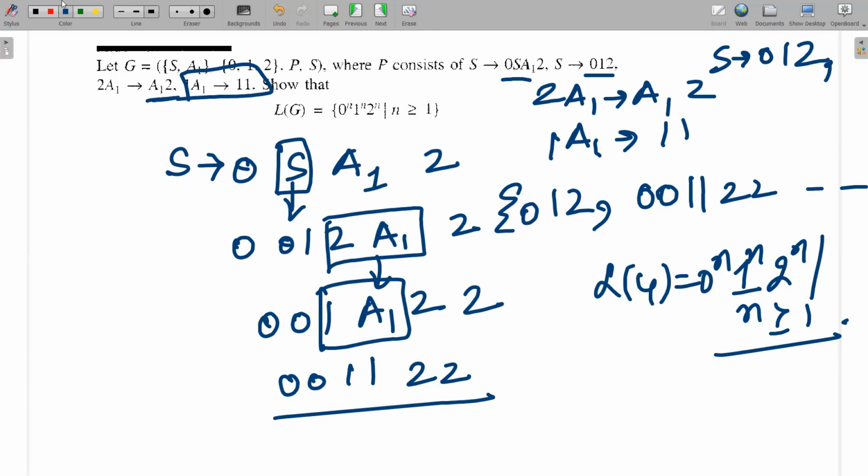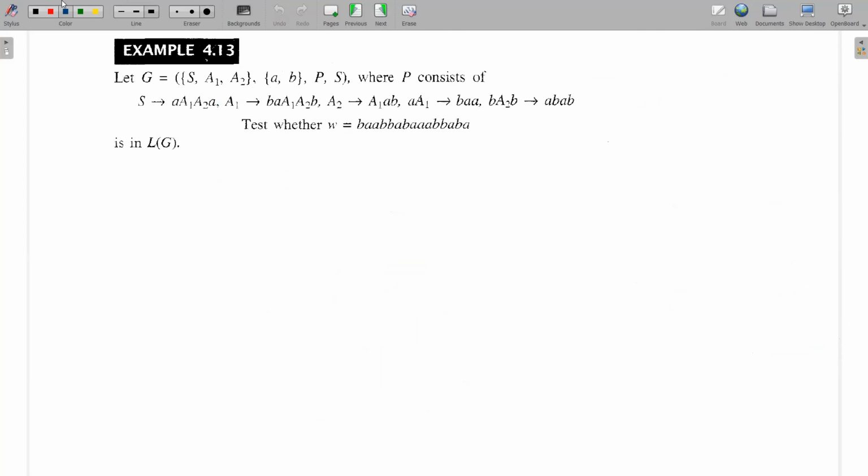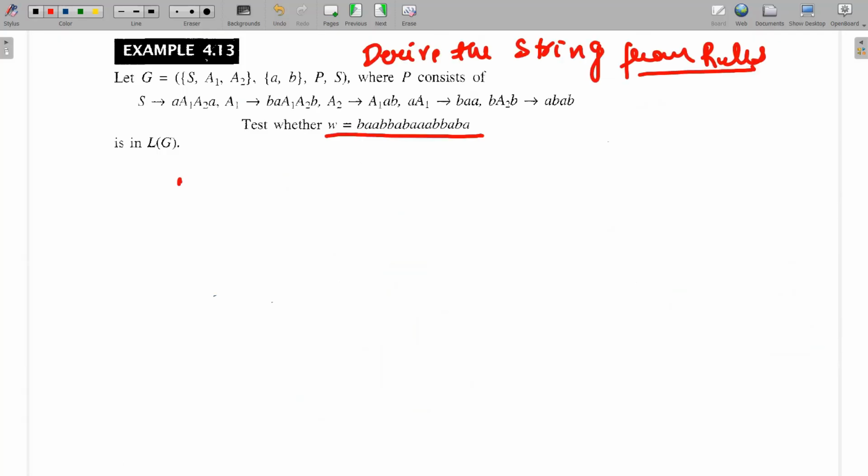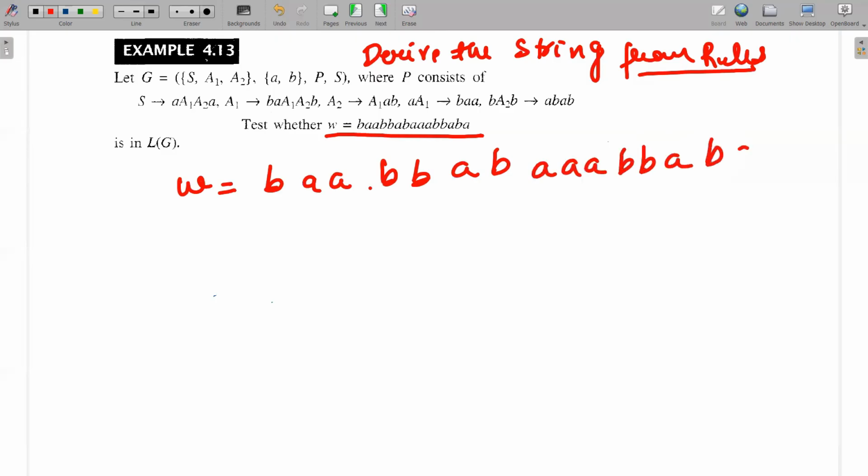Fine. So we have the next question. Clearly, this question is given as we have to check whether this string belongs to the language. So this is a derivation of the whole string.